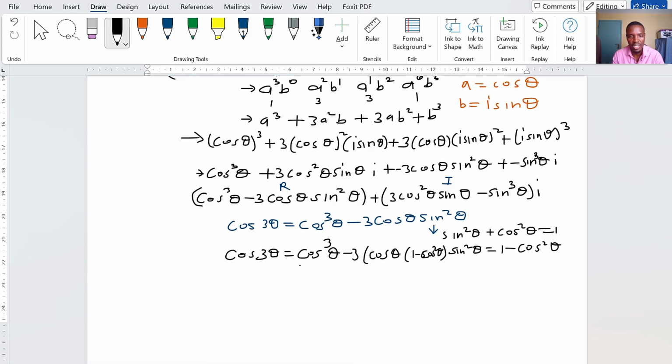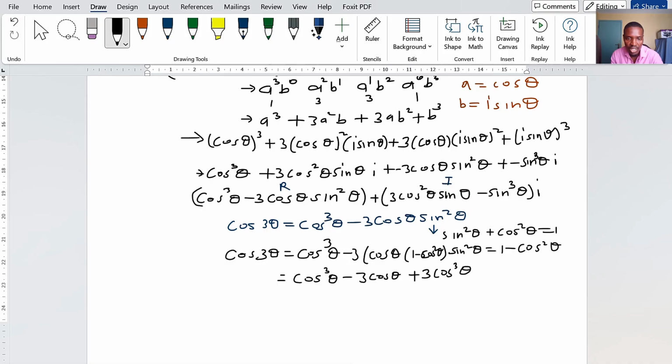We have substituted sine squared theta. So this will be cos cubed theta minus 3 cos theta, then plus, because negative times negative, we have plus 3 cos cubed theta.